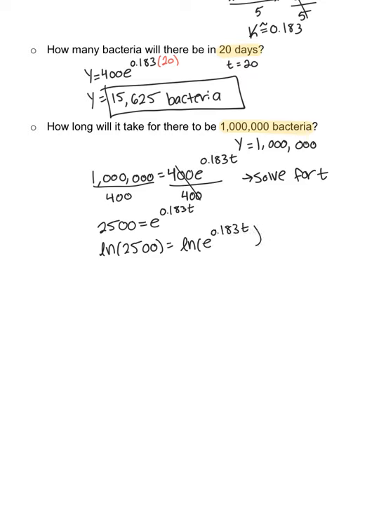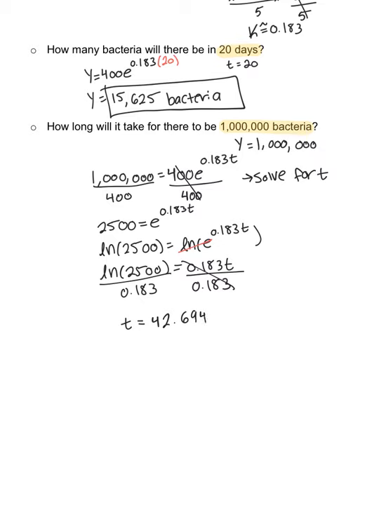So the ln and the e are going to cancel each other out, and you're going to have ln of 2,500 is equal to 0.183t. So to get t by itself, I need to divide both sides by 0.183. So these now cancel, and t is equal to the natural log of 2,500 divided by 0.183, and that's going to give us 42.694.